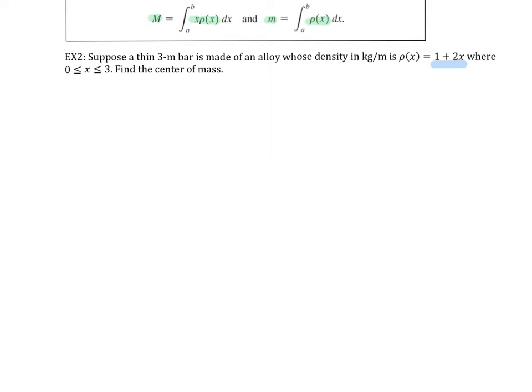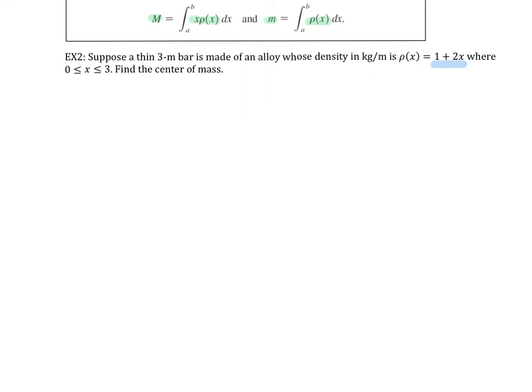So when x is 0, the density function is 1. When x is 3, the value of the density is 7. So if I was to put a balancing point, I would think it would be closer to the 3 and further away from the 0. And I want that picture in my head so that when I finally do my computations, whatever answer I get makes sense.